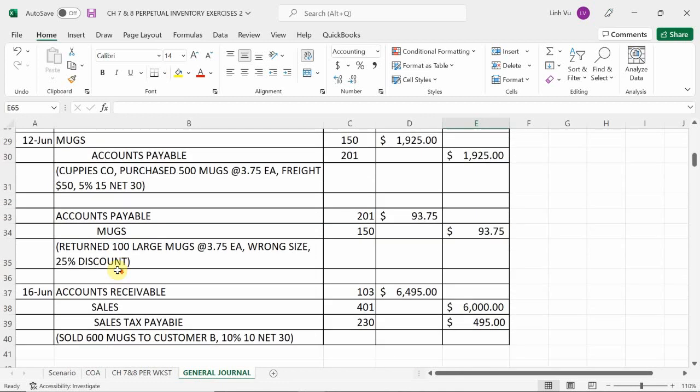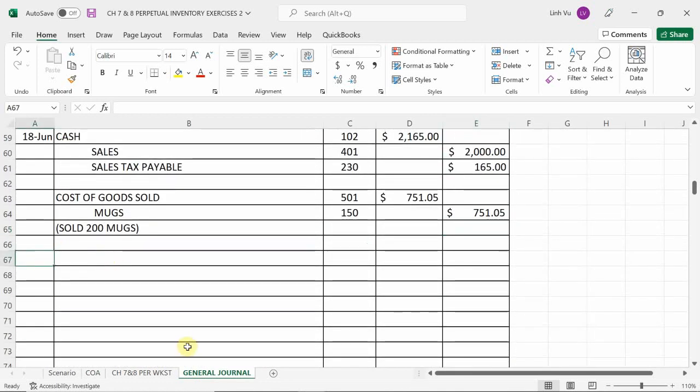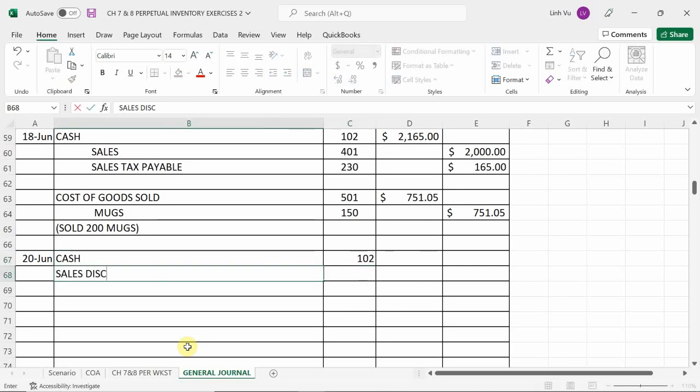So let's acknowledge this. We're on page 2 here. It is June 20th. We're receiving cash because that's what customer A used to pay us. We're going to be giving them a sales discount because they met the discount due date, so they're going to receive a 10% discount.